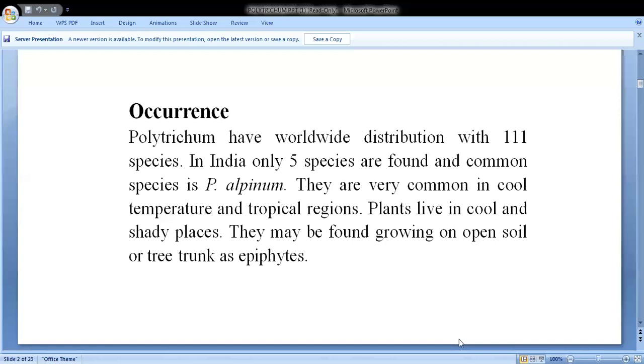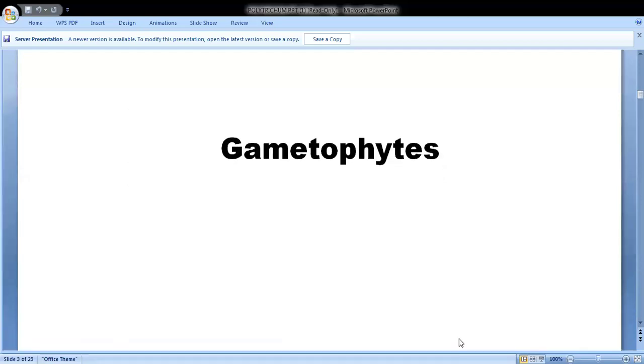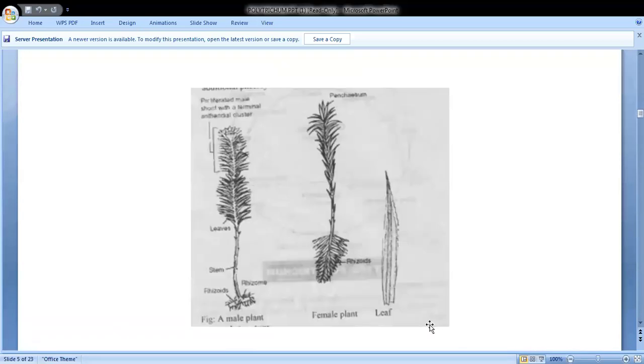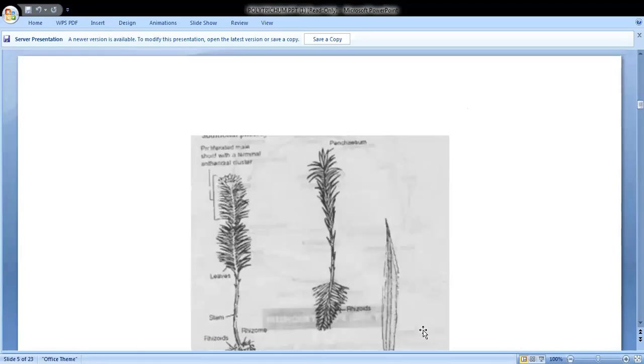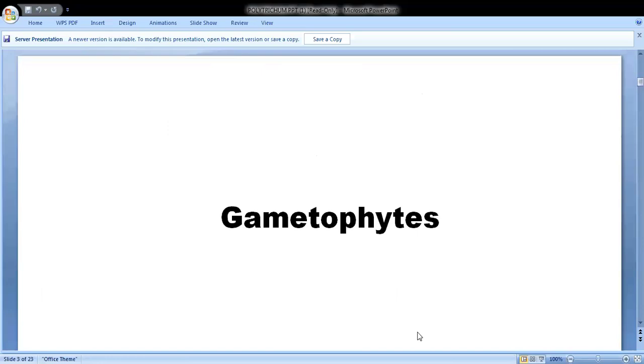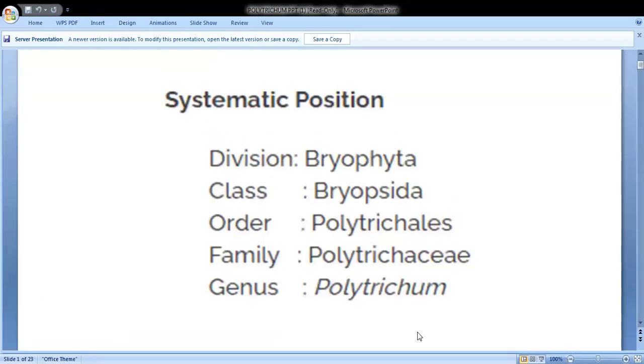See here, I will show you in the diagram. This is the male and female. So in mosses, two substages are there in the gametophytic phase, the protonema stage and the gametophore stage.